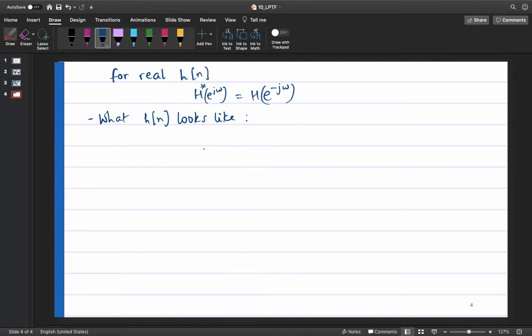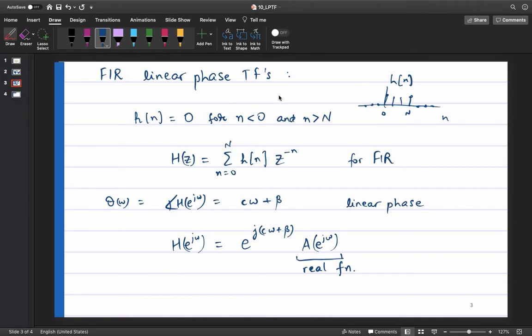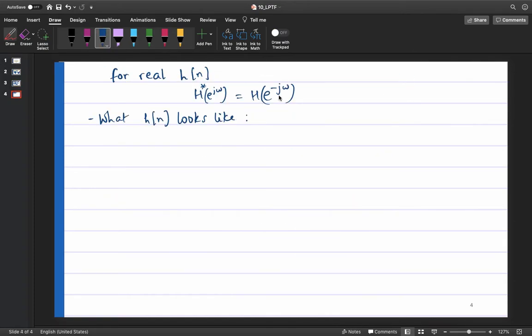So let's use these properties. Let's substitute from my previous equation the general form of H(e^(jω)).